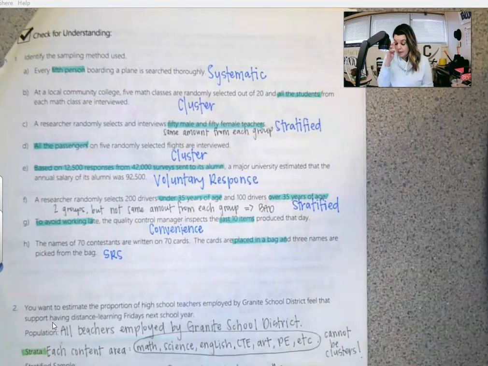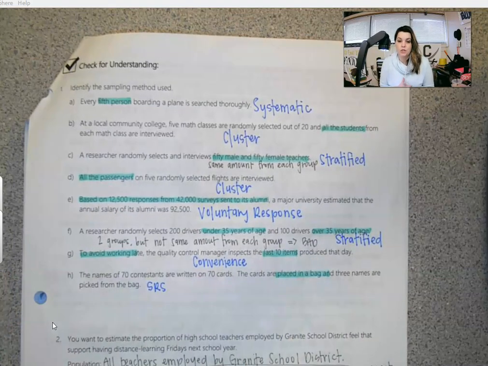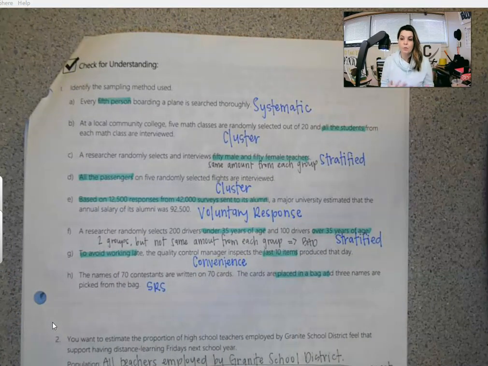So for this first one where it says identify what method was used, I tried to highlight which portion of the sentence indicated to me the sampling method I was dealing with.